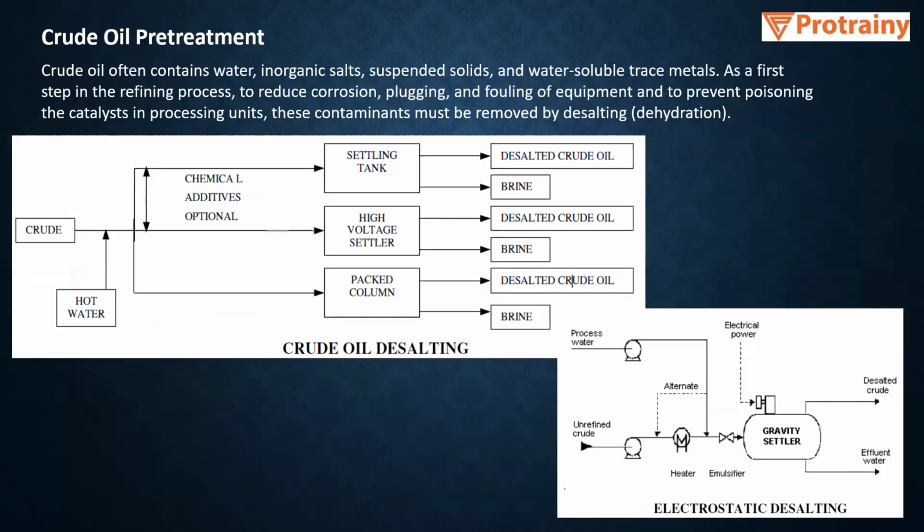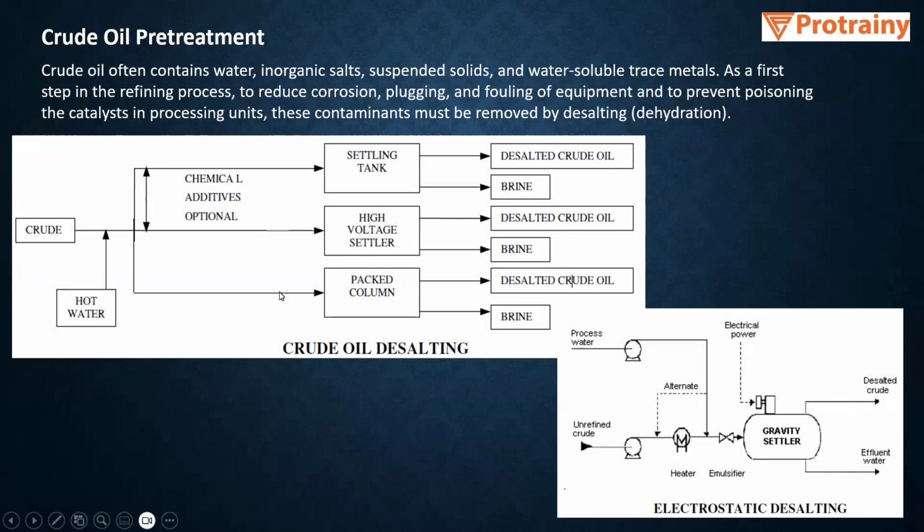In pre-treatment, the crude oil contains water and inorganic suspended solids, so basically the first step will be to remove all these impurities before putting it in the distillation columns and all, because it may cause fouling of the equipment due to blocking, plugging, or if water is present, it may cause corrosion. So we have to remove all this. Okay.